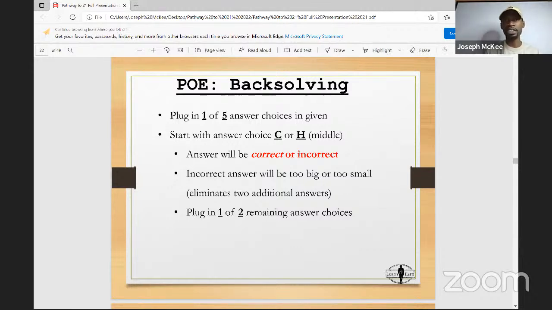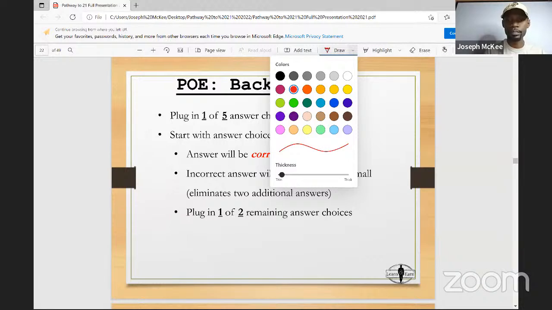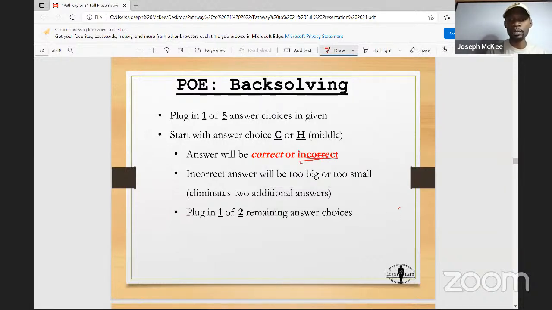Once you plug in C or H, that answer is either going to be correct or incorrect. If it satisfies the equation, then we know it's right, and we move forward. But if it does not satisfy the equation and it is incorrect, then we look at the other answer choices remaining, because the incorrect answer is either going to be too big or too small.